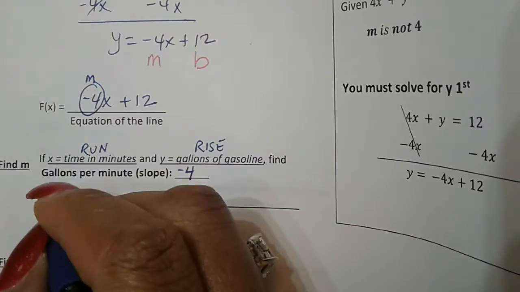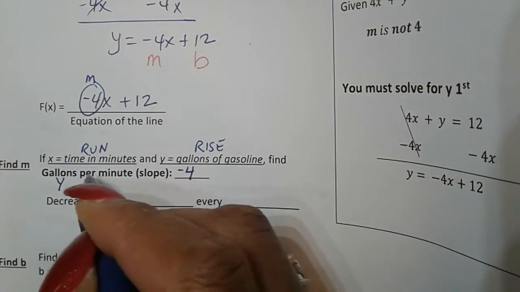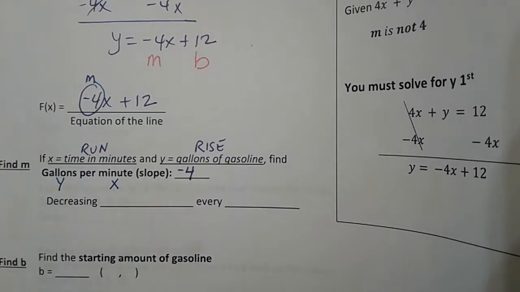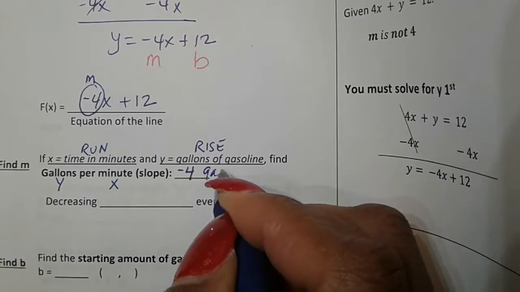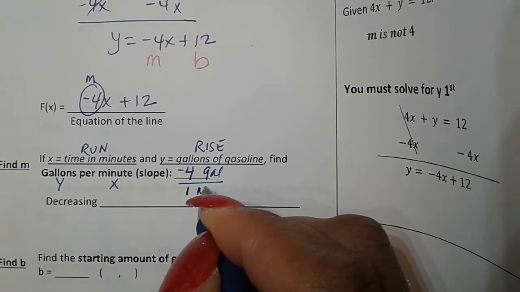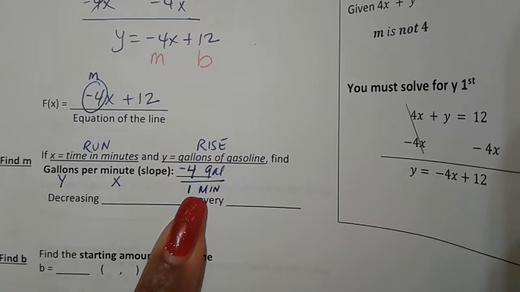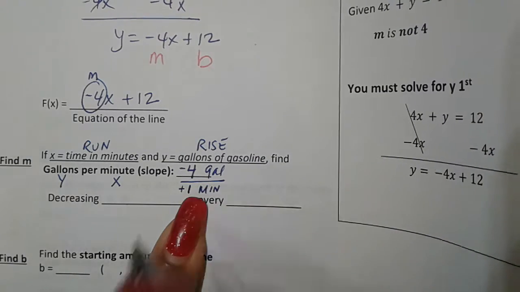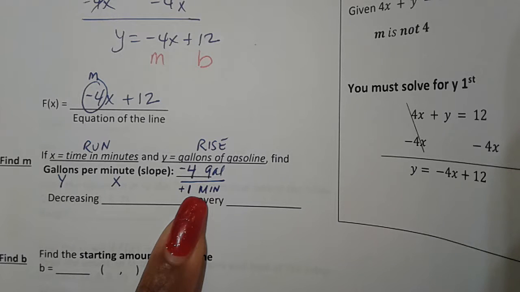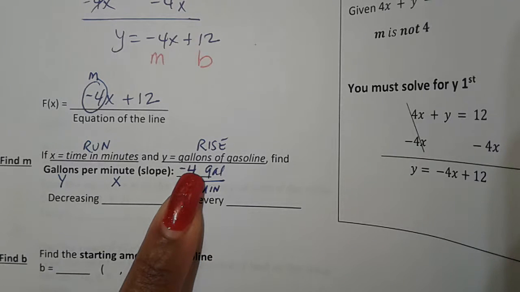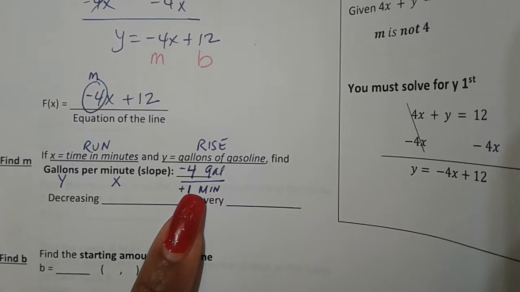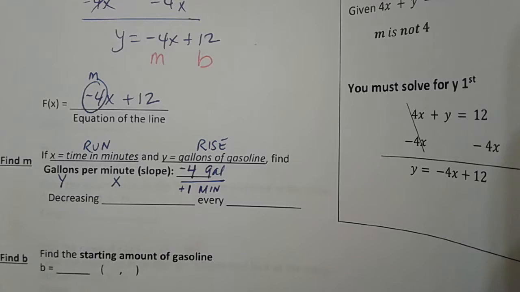I know the first word is y, the second word is x, so this would be gallons over 1 minute. Every time my minute increases, that means the 1 is positive, my gallons go down 4. But the negative only belongs to the 4, not to the 4 and the 1, because the minutes are increasing.